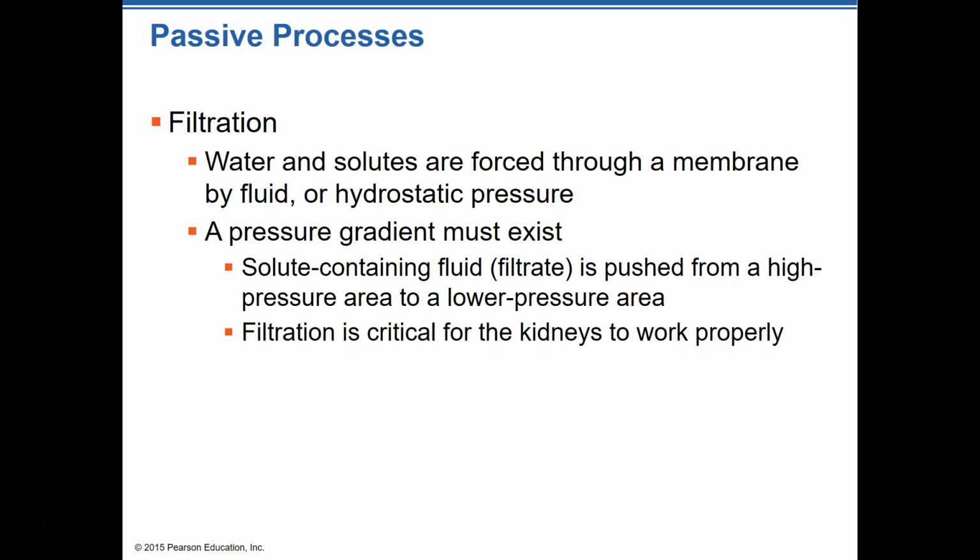There's more pressure on one side. The higher the solute concentration, the higher the pressure on that one side. This is going to cause things to kind of push across to the other side and try to balance them out. It's a little bit more complicated than that, but it is a process. It's part of the filtration process that actually happens in the kidneys.